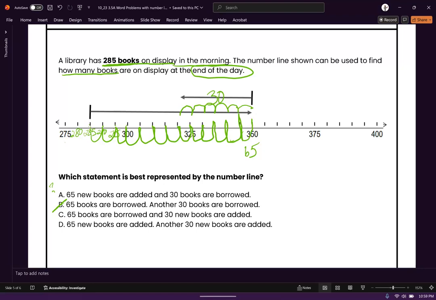Again, we said books are not borrowed, so that one's out. D, 65 new books are added. Yes. Another 30 new books are added. No, because that would put the arrow going all the way across, and it goes backwards. So our answer is A.